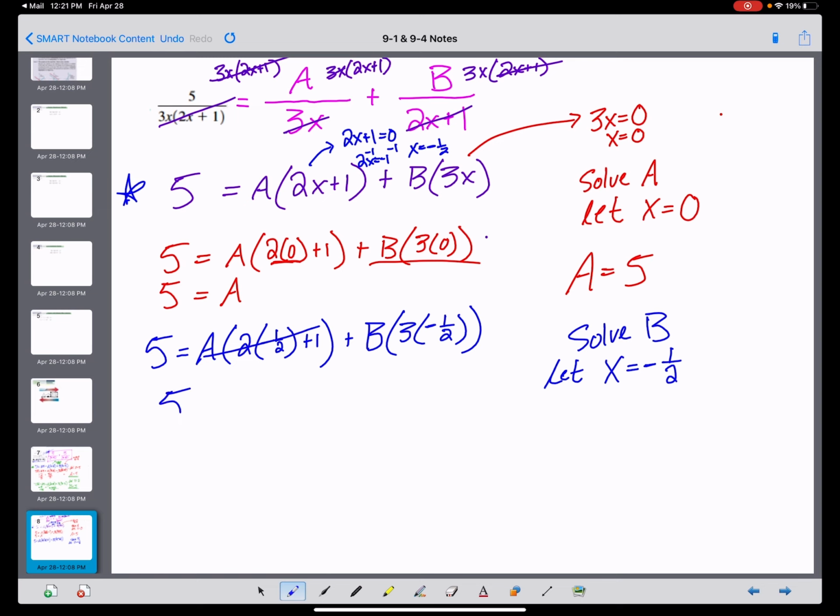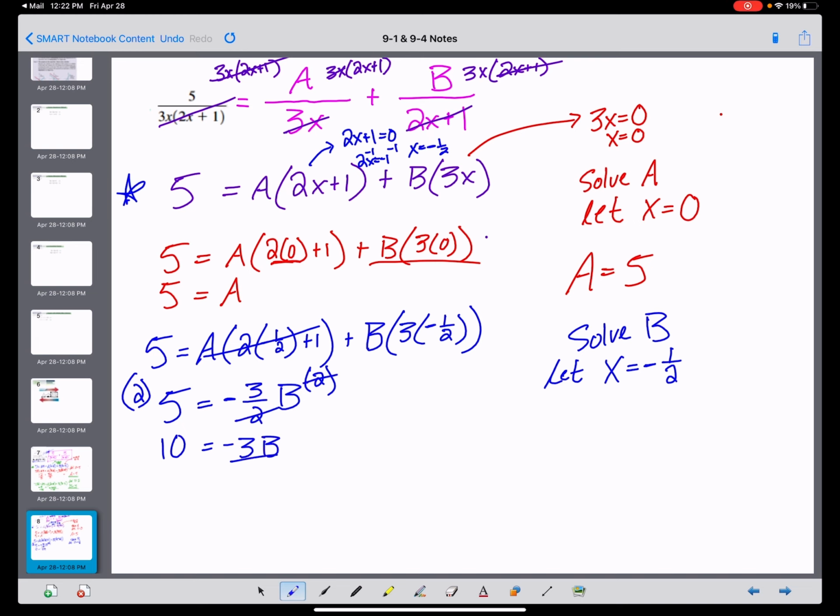So now I got 5 equals 3 times negative 1/2, which becomes negative 3/2 B. I want to solve for B, so I multiply both sides by 2, and I got 10 equals negative 3B.